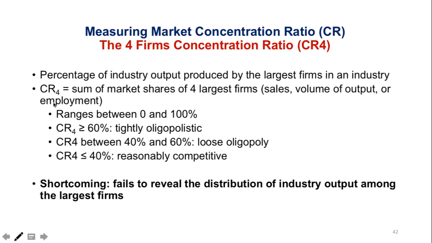method of CR4 is that it fails to give us the distribution of the industry among the four largest firms. So we don't know which one of these four largest firms maybe has a bigger portion and market power.